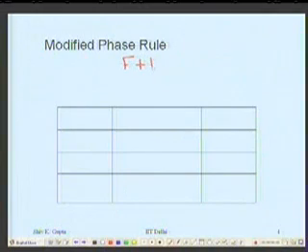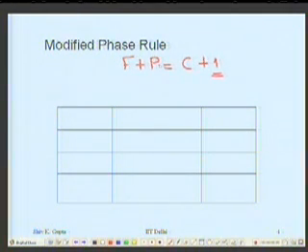So my modified phase rule for the binary system, which is represented in 2 dimensions, will be, recall your phase rule, this 2 has become 1 now because I have exercised 1 degree of freedom.